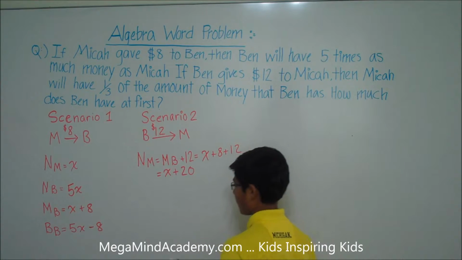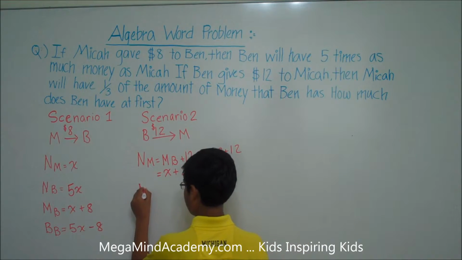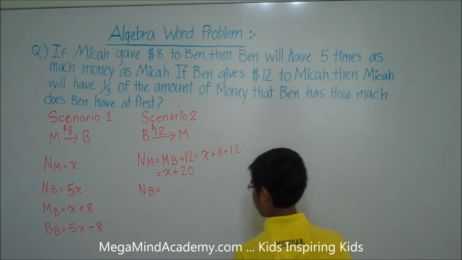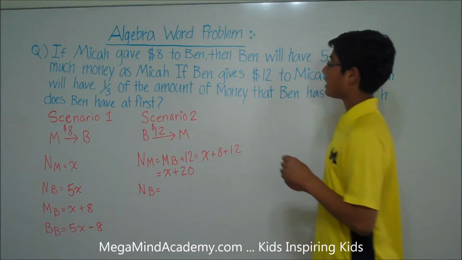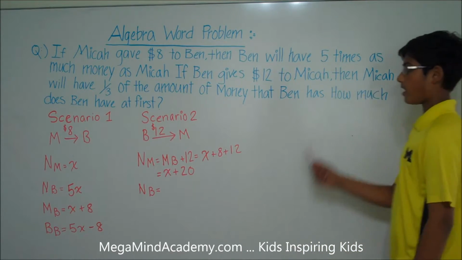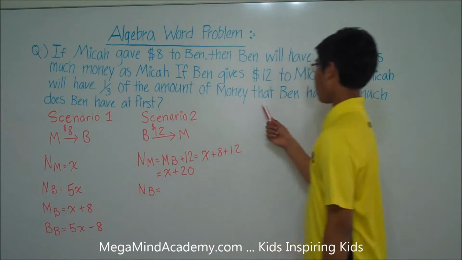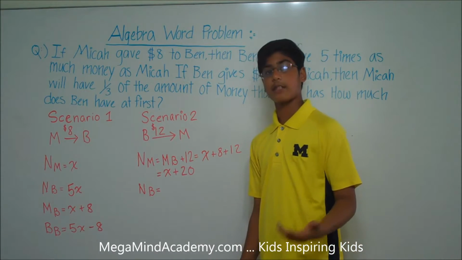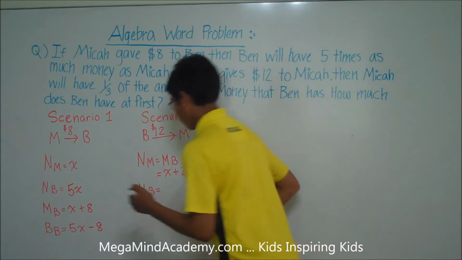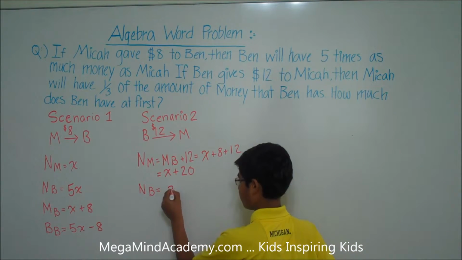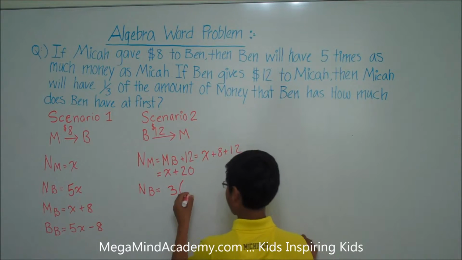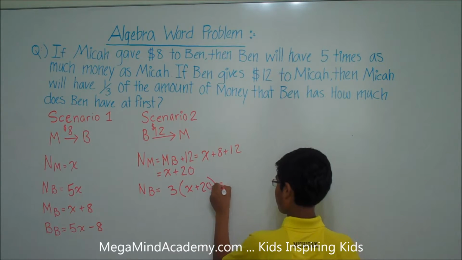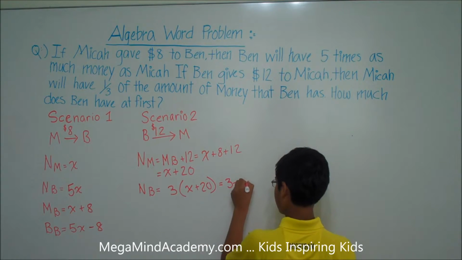And now Ben, N for now, B for Ben, would be equal to, now we know that the problem states that then Micah will have 1/3 of the amount of money that Ben has. So Ben will be having 3 times as much money as Micah then. So now Ben would be 3 times X plus 20, which is 3X plus 60.